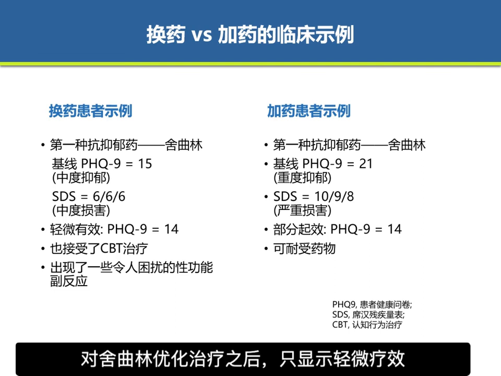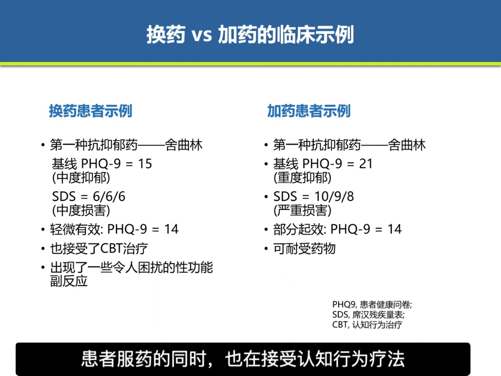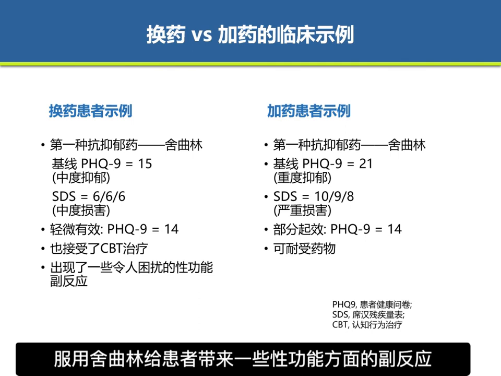They've also shown a minimal response at the end of optimized treatment with sertraline. So their score is still 14, only a difference of 1 point on the PHQ-9. They're also receiving cognitive behavior therapy while they're being treated with medication, and they've noticed some troublesome sexual side effects to the sertraline dose that they're taking.